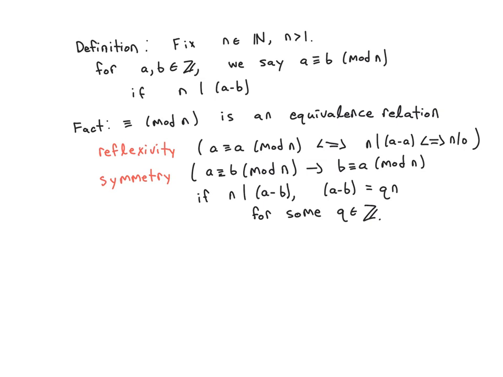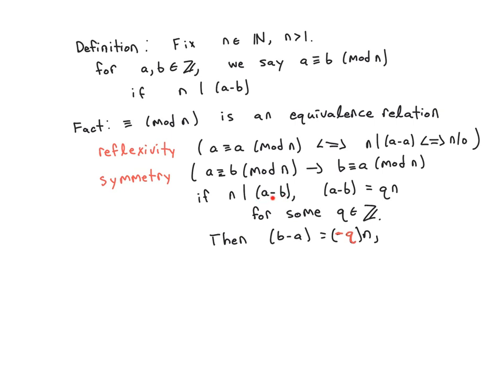So suppose that you have two integers a and b, such that a is congruent to b modulo n. Well, then n divides a minus b. Well, if n divides a minus b, then a minus b is q times n for some integer q. That's just the definition of divisibility, and this is just the definition of congruence.